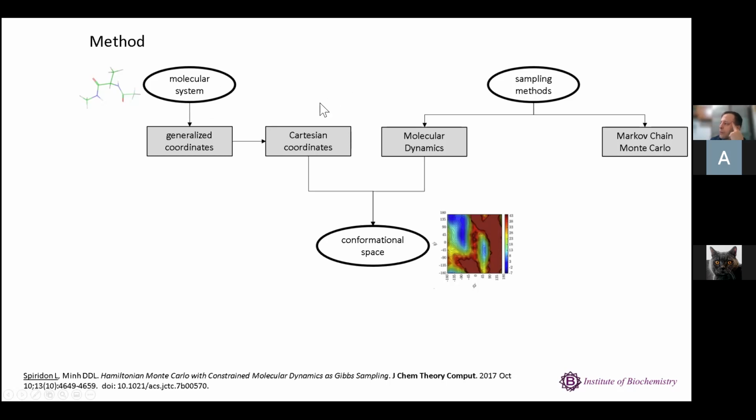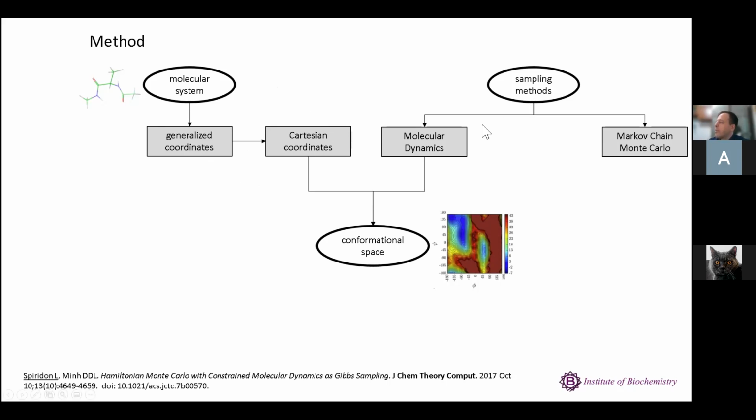And so how do established methods, let's say classical methods, do this? You start representing your molecular system in some type of coordinates, generalized coordinates. There's a big pool of coordinates. And the simplest one are the Cartesian coordinates because they're not coupled and they can be used easily.